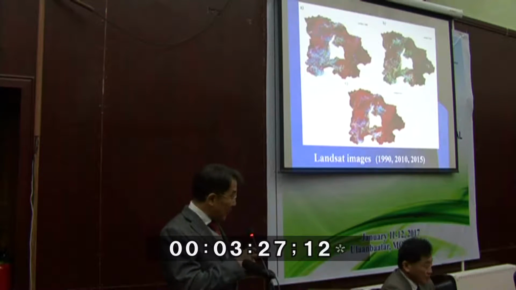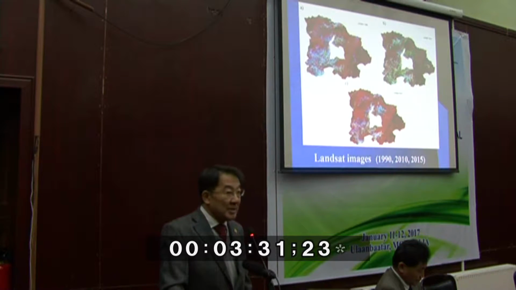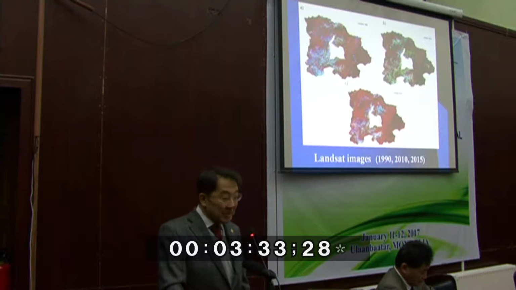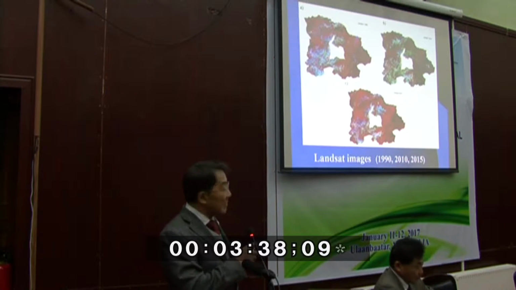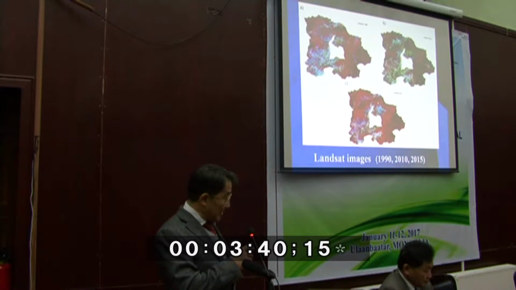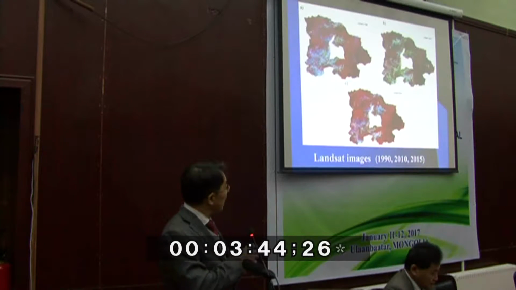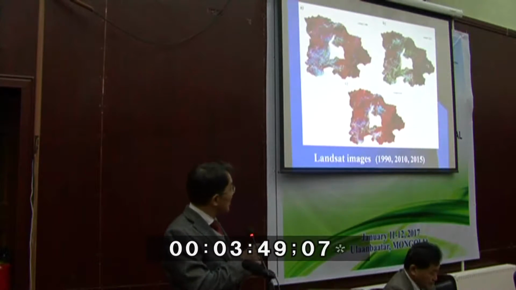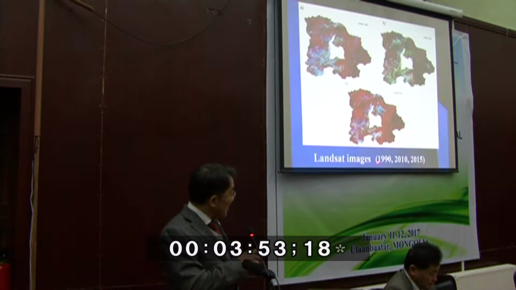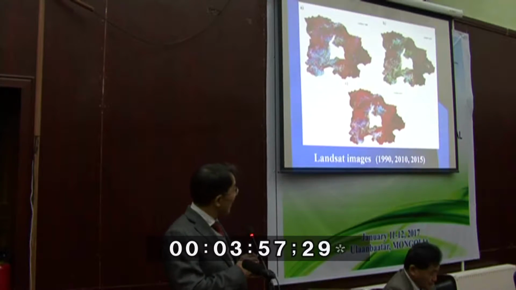For this study, we selected Landsat images from 1990, 2010, and 2015. We had 6 Landsat scenes, and at the beginning, we mosaiced all the satellite images, and here you can see the mosaiced Landsat images from 1990, 2010, and 2015.